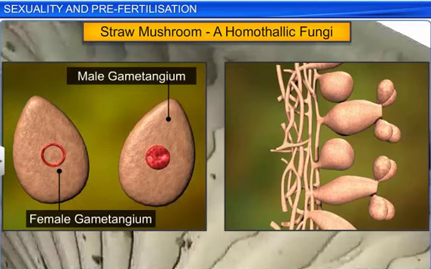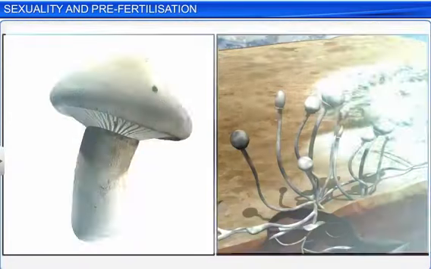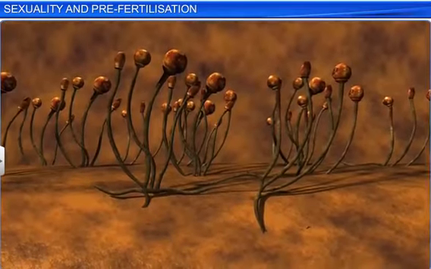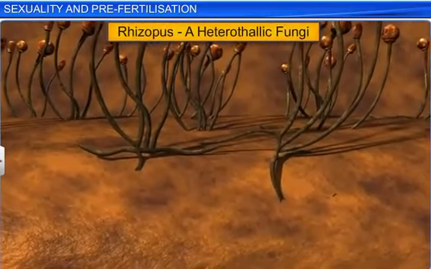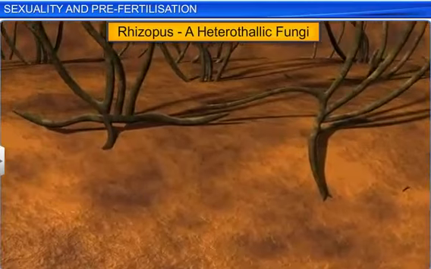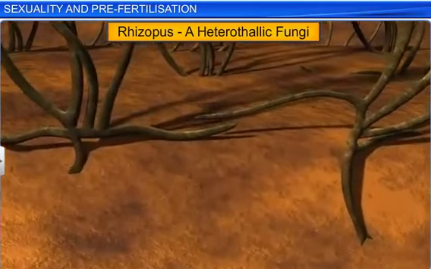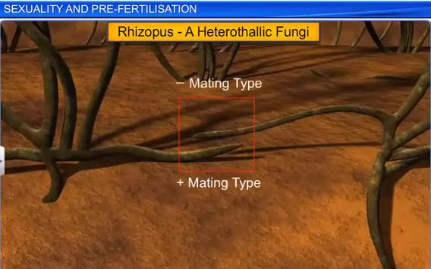Hence, these types of fungi are also known as homothalic. This is in contrast to heterothalic fungi, such as Rhizopus, which bears the male and female gametangium, that is, the plus and minus mating type, on different thallus.